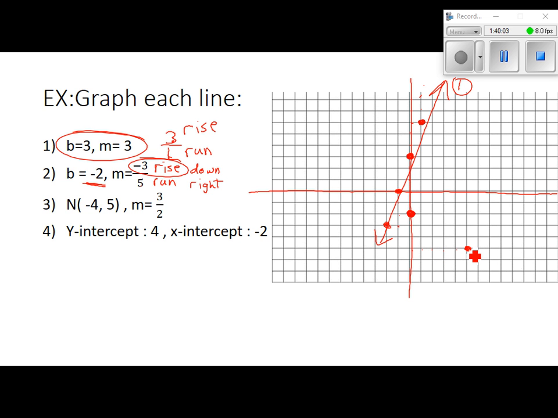And again, I'm running out of space going down this way, so the other thing I could do, instead of going down and to the right, I could go up 3 and to the left 5. And notice it falls in the same line. So that would be line 2.